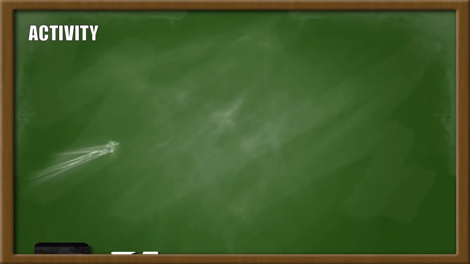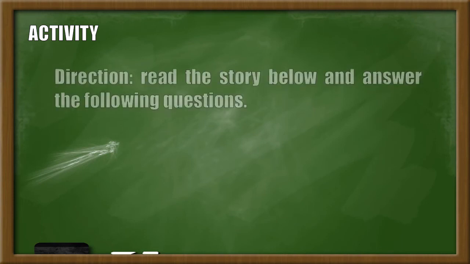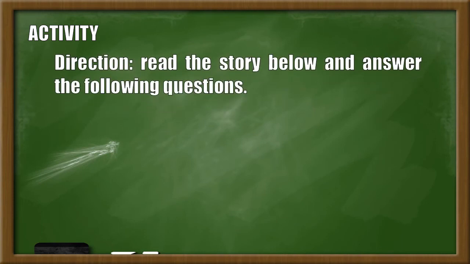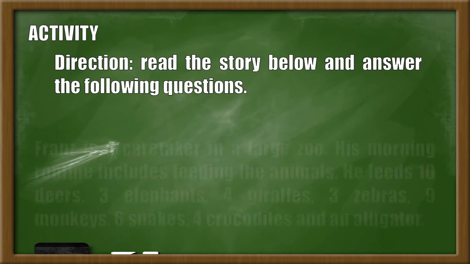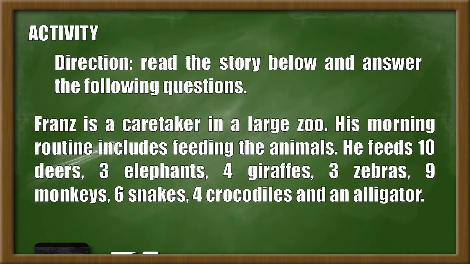Okay, let's have an activity. But before that, we will read first our direction. Read the story below and answer the following questions. Okay, here is the story. Franz is a caretaker in a large zoo. His morning routine includes feeding the animals.